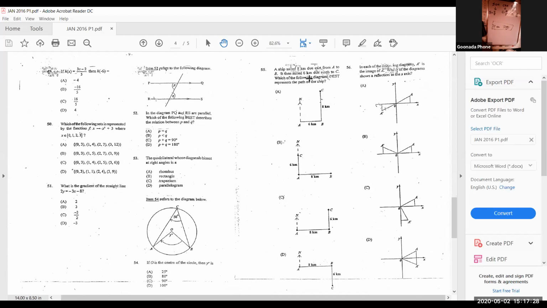Then 6 kilometers due north. Which one represents that? It went from A to B, and then from B it goes to C.